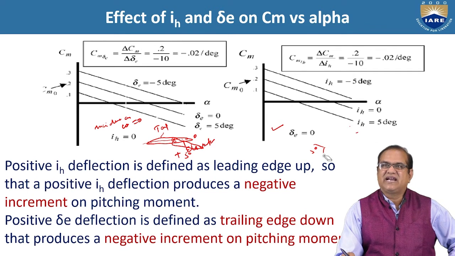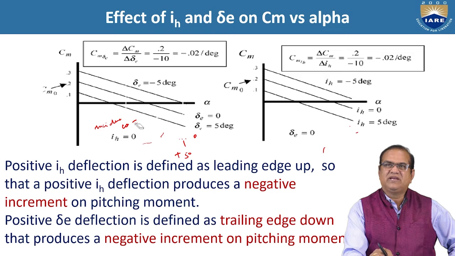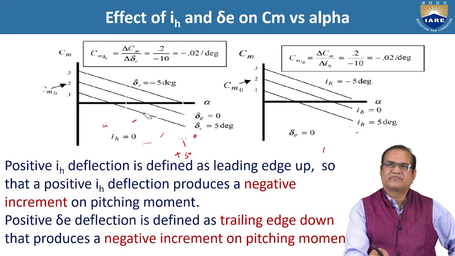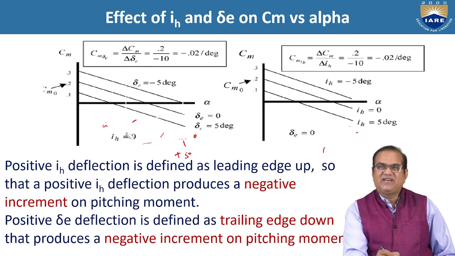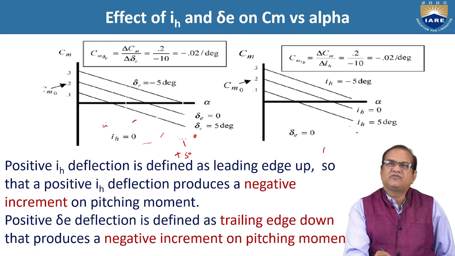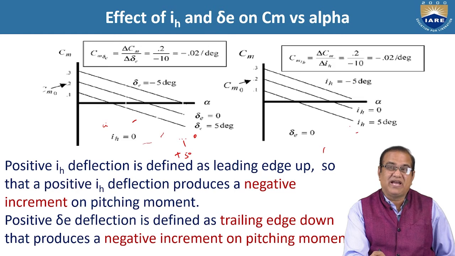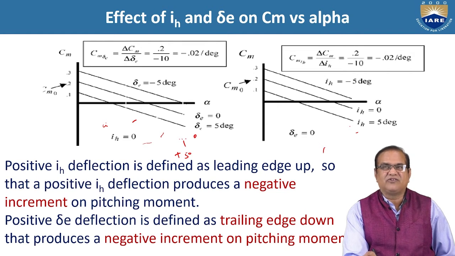And in this diagram, we can see that some cases are coming, and in the first diagram we have to see the effect of IH in 3 cases. One is delta E equal to minus 5 degrees, means deflection of elevator is minus 5, meaning upward. Delta E equal to 0 and delta E equal to 5 degrees.